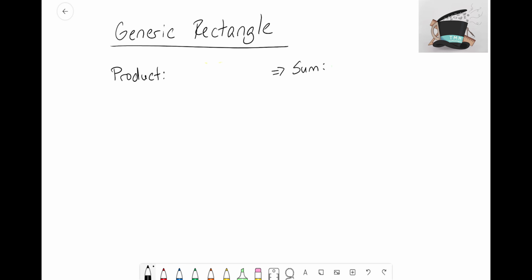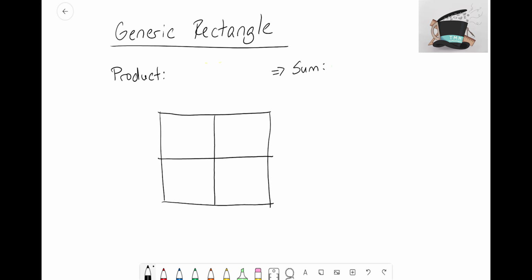So what we're going to do for this video is we're actually not going to know the product or the sum at first. Instead, we're going to start with a generic rectangle and we're going to have some missing pieces inside. So let's see if we can figure out the product and the sum when we only know a couple of the tiles inside.